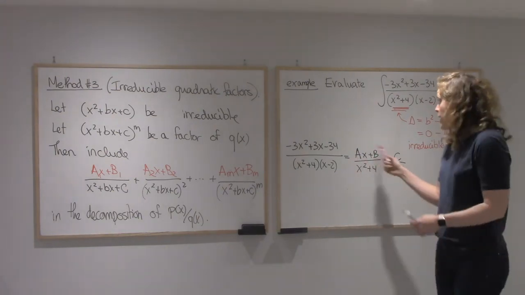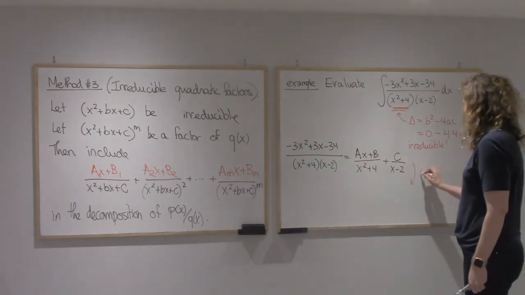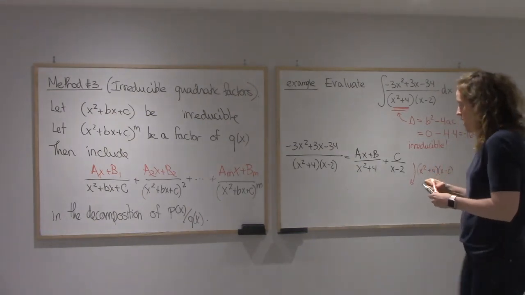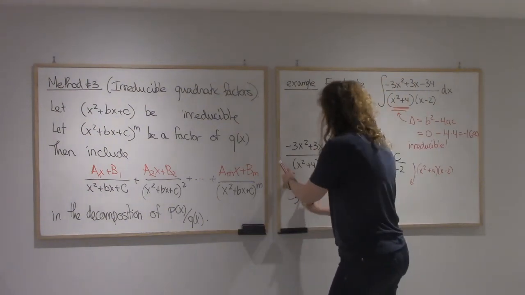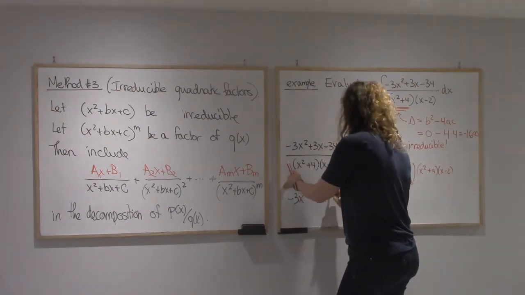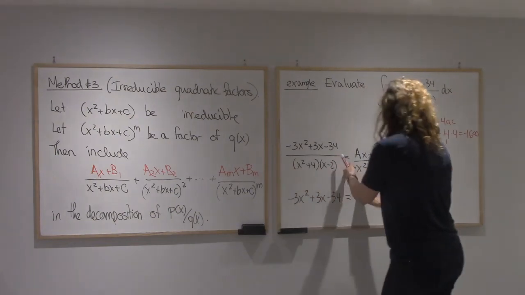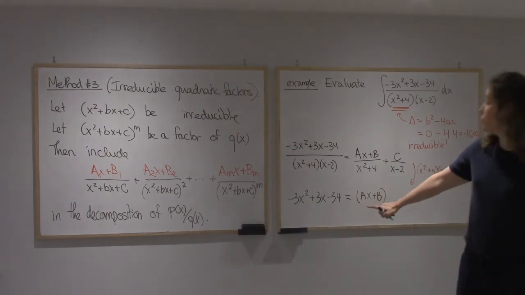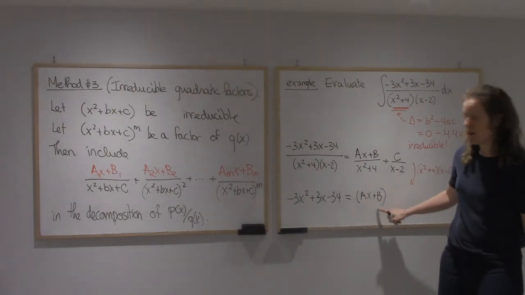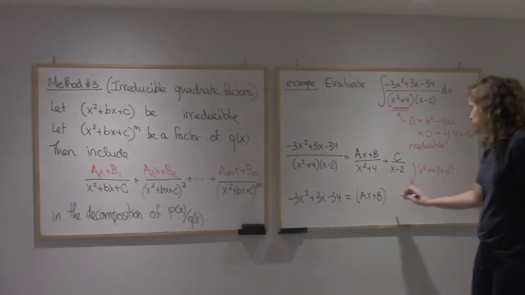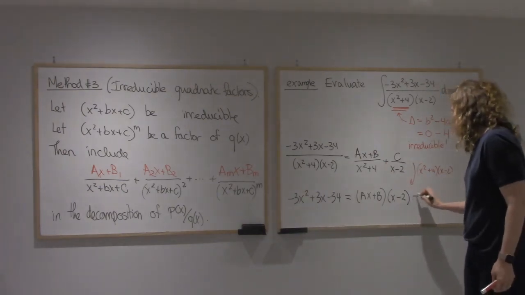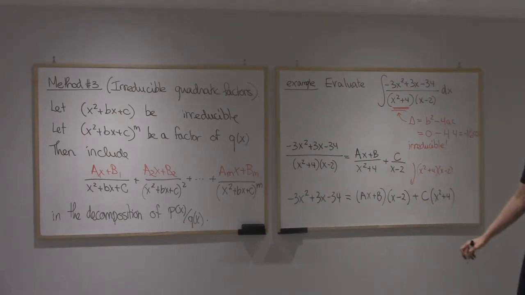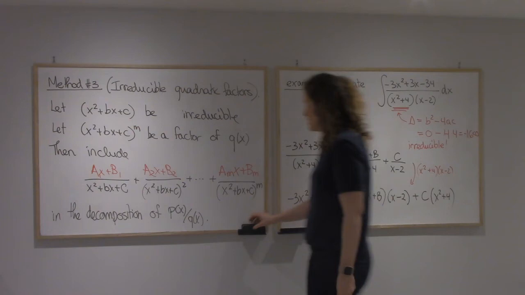Now we need to solve for a, b, and c, so I'm going to multiply this by x squared plus 4 times x minus 2. I'll get that minus 3x squared plus 3x minus 34 equals ax plus b. Do not forget the parentheses here. All of this will multiply x minus 2. And then I have x squared plus 4 times c.